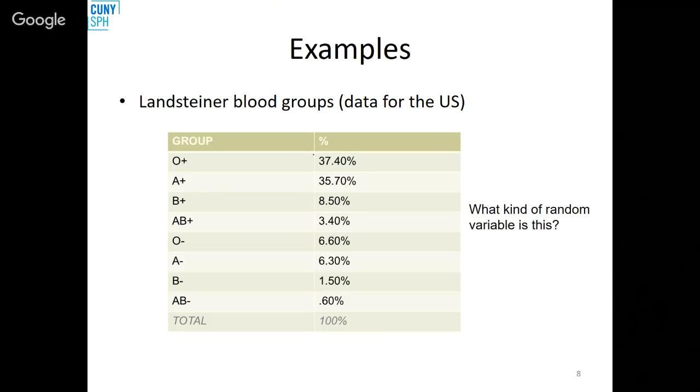And these each have percentages associated with them, according to the percentage of people in the US population who are of this blood type. So by specifying the possible values of this categorical variable and the probabilities of each of those values, I'm specifying here a random variable. I'm giving you its distribution.